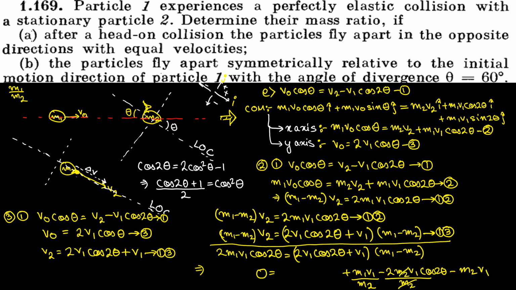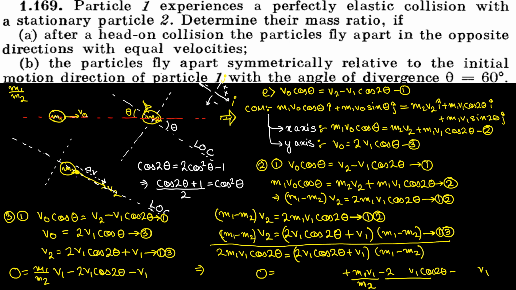Out here also I have to divide by m2. Okay, so if I rewrite this equation neatly, it would become 0 is equal to m1 by m2 into v1 minus 2v1 cos 2θ minus v1, isn't it?